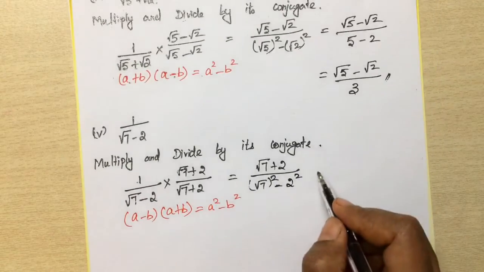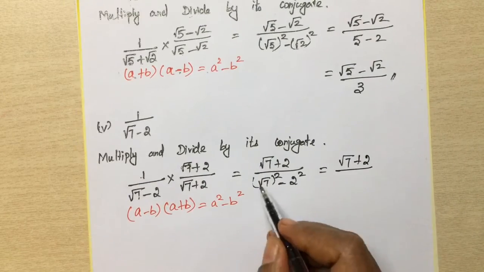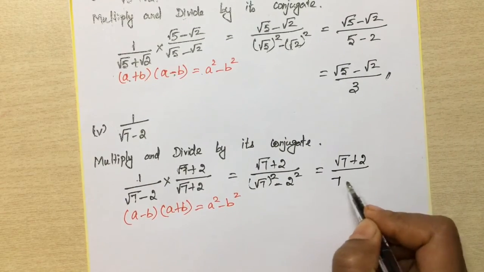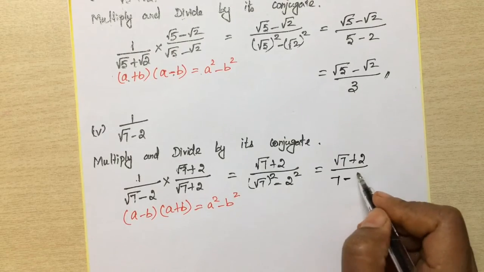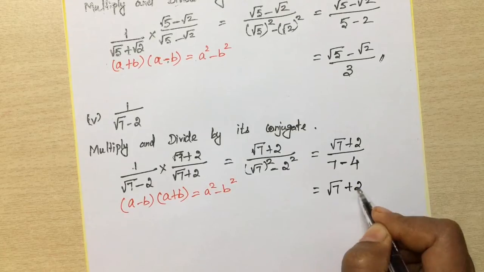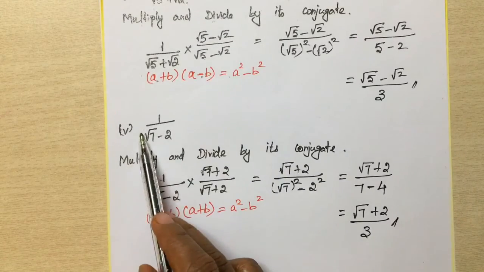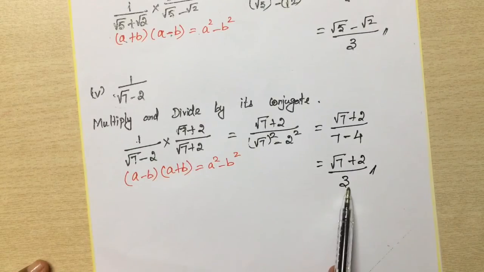Okay. Now here it is root 7 plus 2 divided by root 7 square, which is 7, minus 2 square, which is 4, which is equal to root 7 plus 2 divided by 3. So from irrational we have changed into rational.